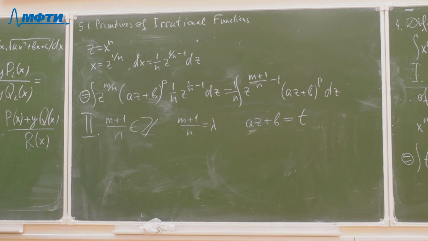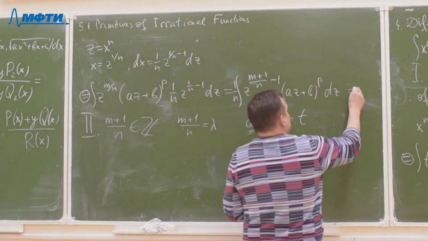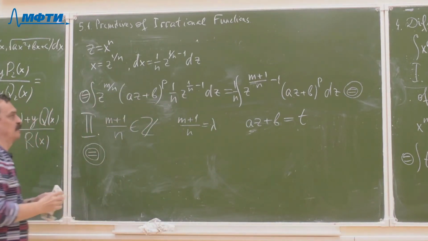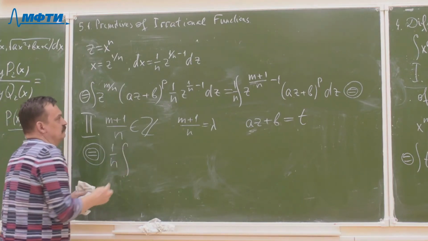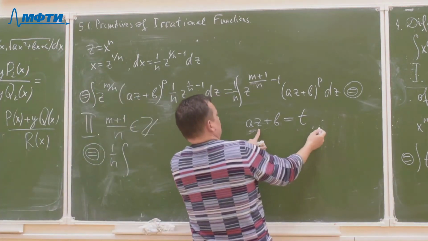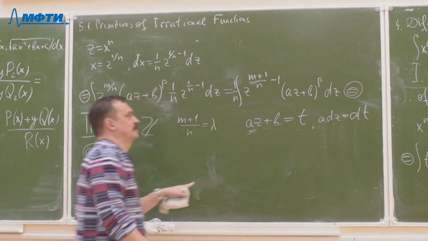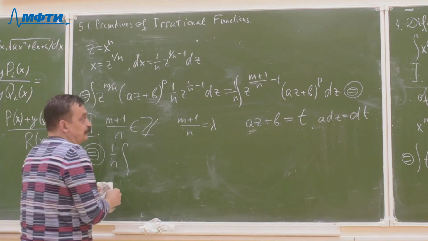And what does it give? Let me continue: 1 over n integral. Maybe I should write immediately dz equals dt, right? So it is not a problem to replace dz by dt. That is not a big deal.